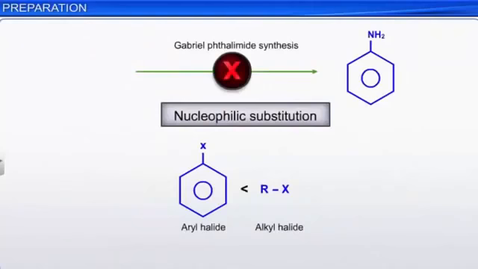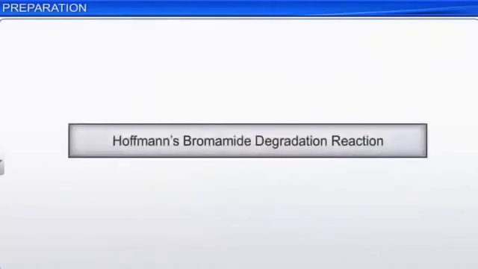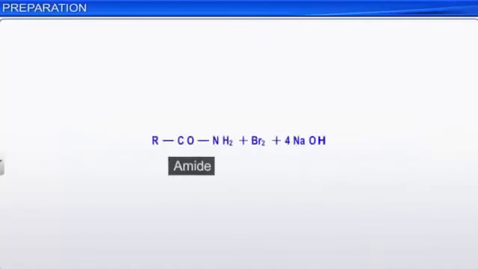Let us look at yet another important method for the preparation of amines. Hofmann's bromamide degradation reaction. Hofmann developed a method for preparing primary amines by treating an amide with bromine in an aqueous or alcoholic solution of sodium hydroxide.